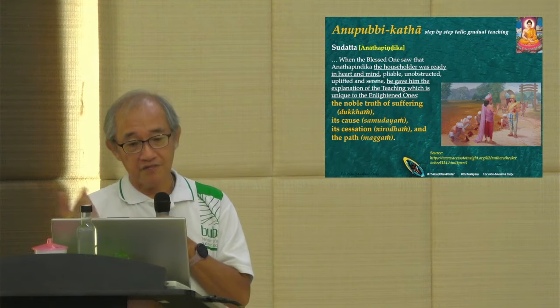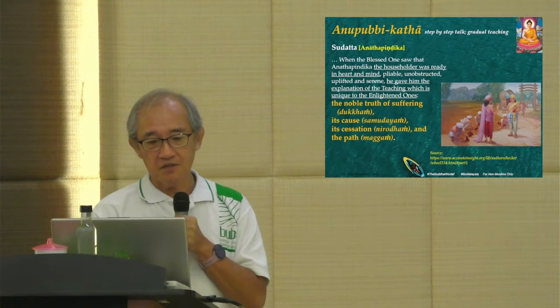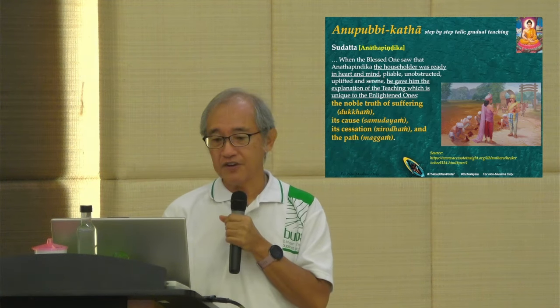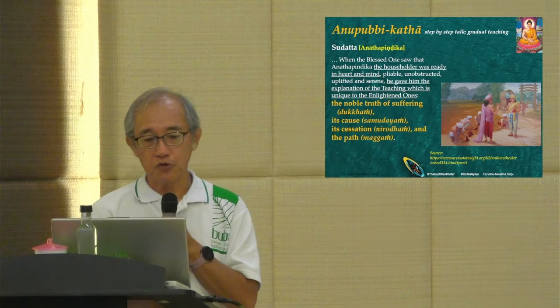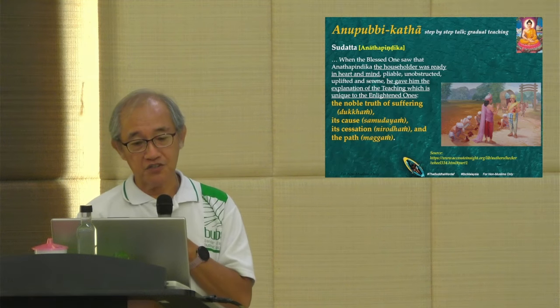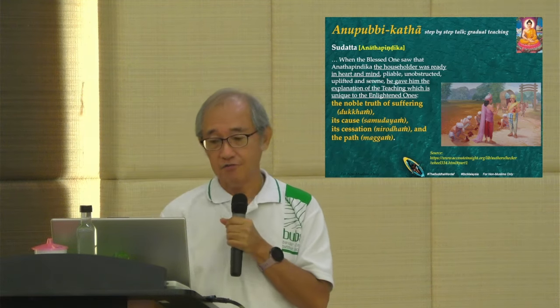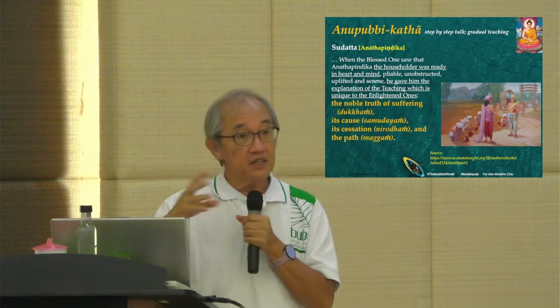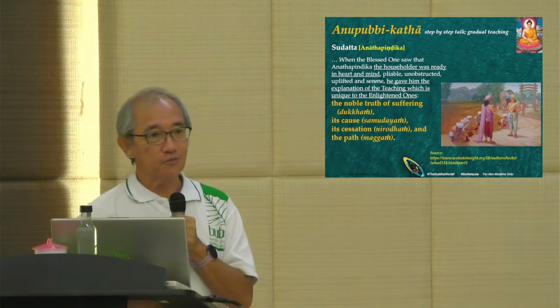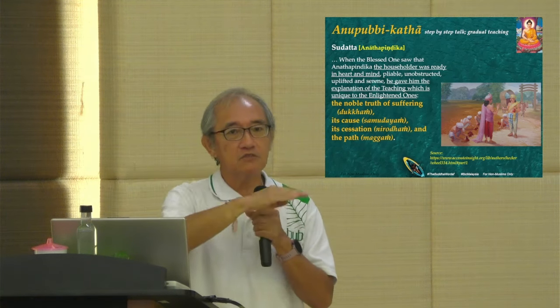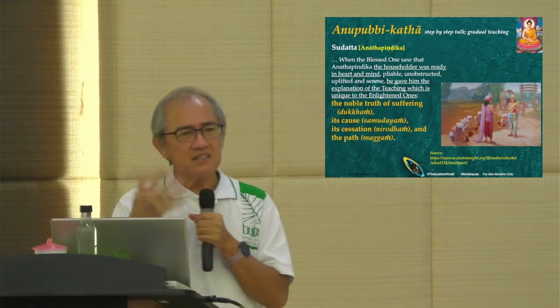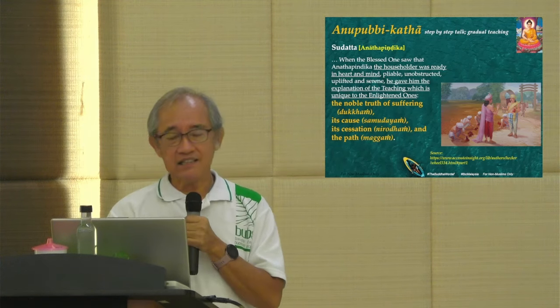Meaning what the Buddha discovered underneath the Bodhi tree, which is the noble truth of suffering, of dukkha, of samudaya, its cause, its cessation, and the path to enlightenment. So the Buddha didn't go straight and talk about the Four Noble Truths. He went step by step to talk simple. So what is this dana katha, sila katha, and all that?